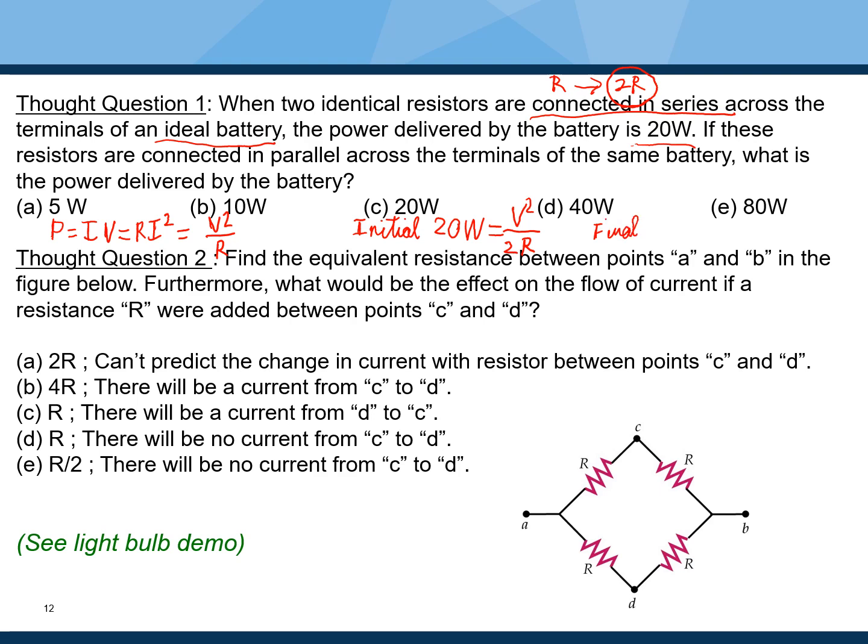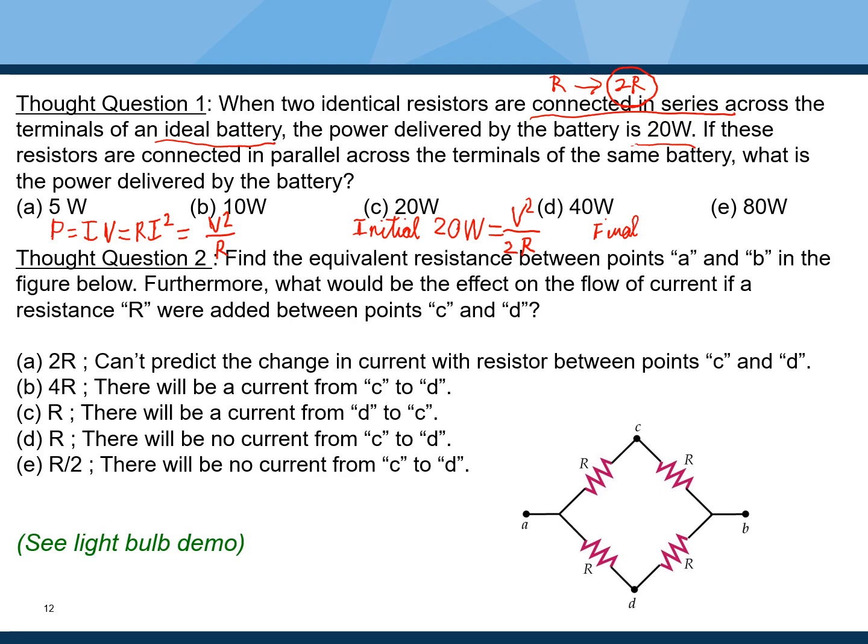we're told that we break that series circuit apart and instead connect the two resistors in parallel. What does connecting the two resistors in parallel mean? It means that the equivalent resistance has to be obtained by a reciprocal addition. So we have 1 over Req is equal to 1 over R plus 1 over R for each of the two identical resistors. So 1 over R plus 1 over R is just 2 over R, but realize that that's not the answer.